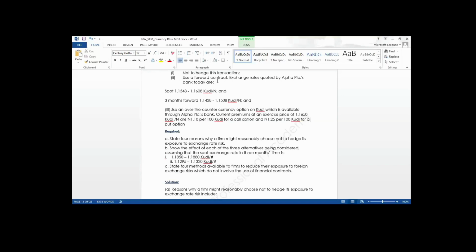For forward contracts, it's a good question the person has asked. If you want to hedge with forward exchange contracts, we said it's an agreement between two parties to buy or sell foreign currency at an exchange rate fixed now. That exchange rate fixed is binding.